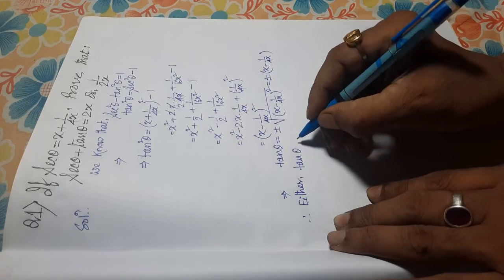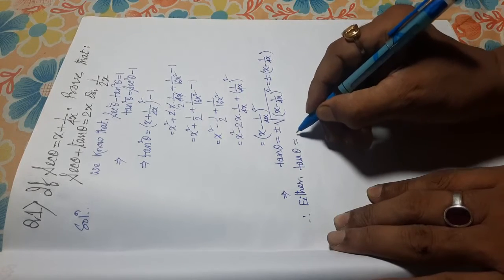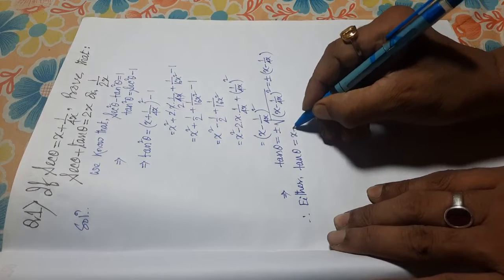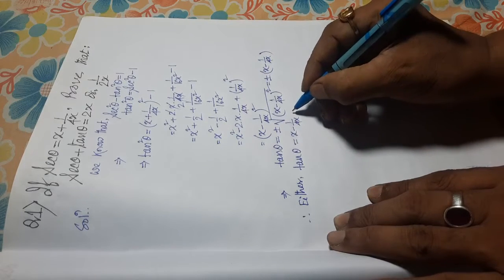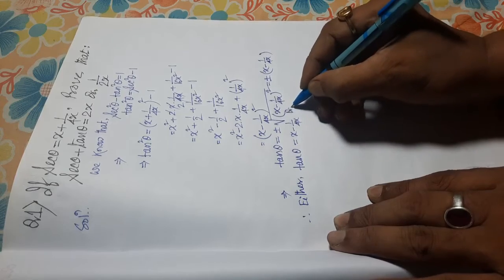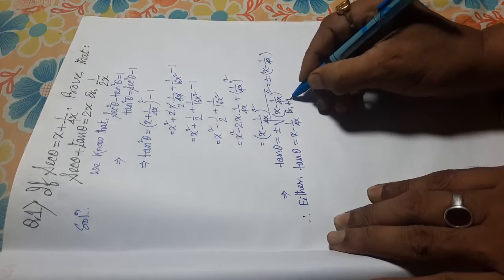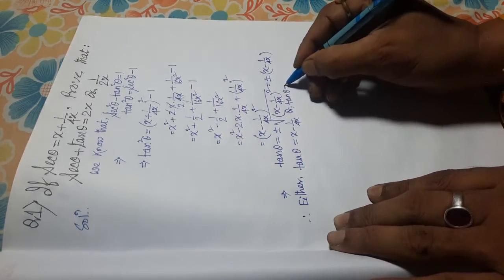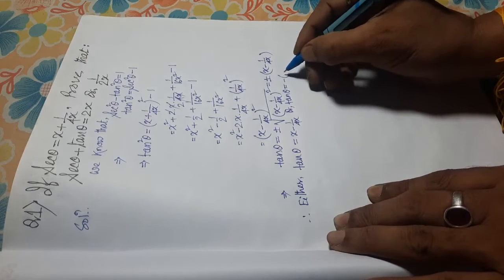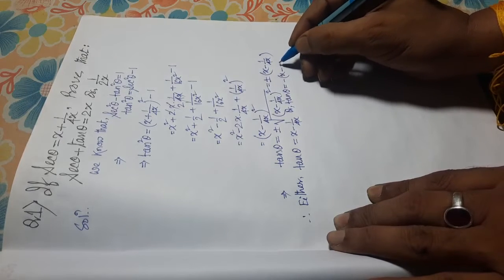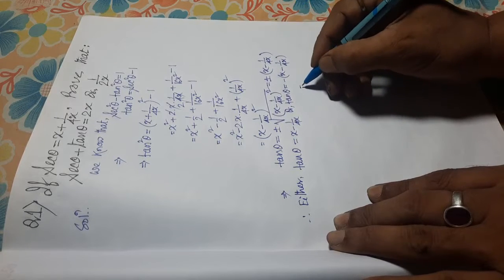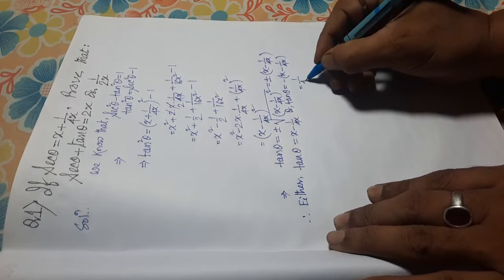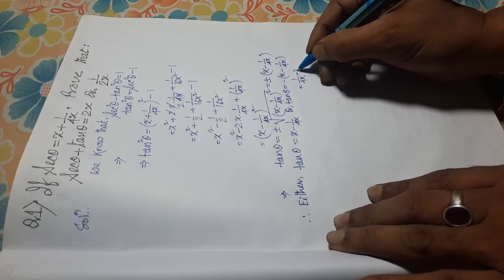Either tan theta is equal to x minus 1 by 4x, or tan theta is equal to minus x minus 1 by 4x, which is equal to 1 by 4x minus x.